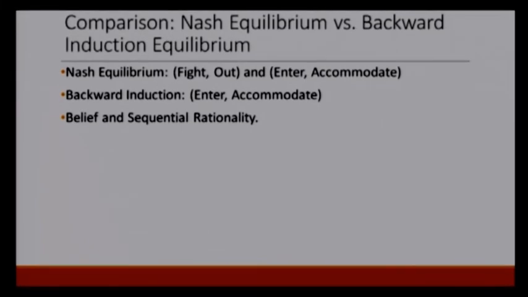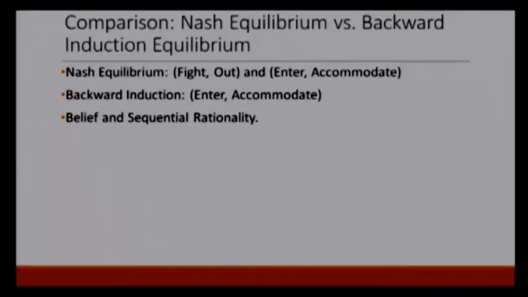One is the same as backward induction, but Nash equilibrium also suggests a second possibility, that the incumbent fights and the entrant remains out. Okay? So, these are the two possibilities. In one of the next modules, we are going to discuss something called sequential rationality and justify that the backward induction recommendation is better than the Nash equilibrium recommendation, and we will talk about it in the next module. Thank you.